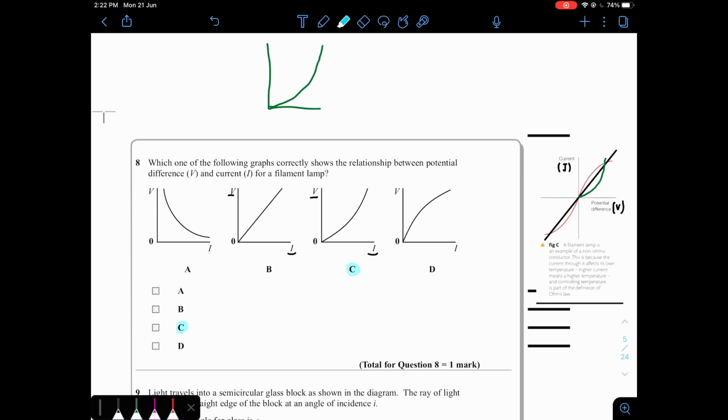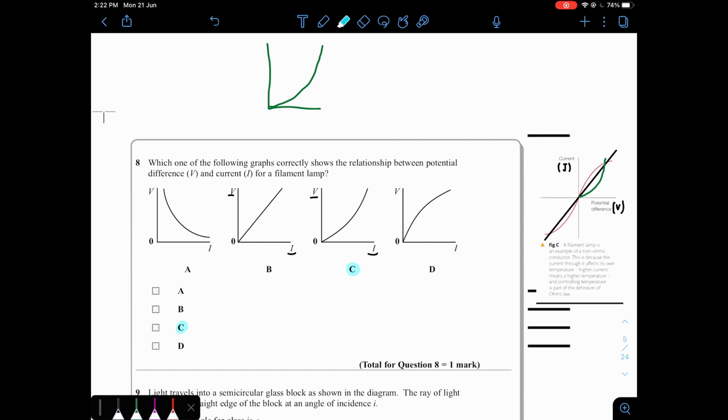Now let's look at it from a physics point of view. When you increase the current of a filament lamp, what happens? We get a higher temperature. We know that metals heat up at higher temperatures, and they have higher resistance.